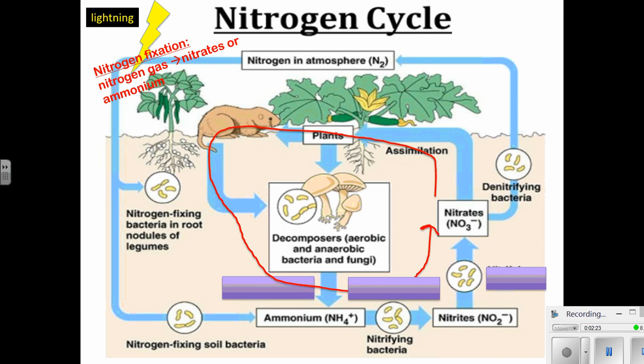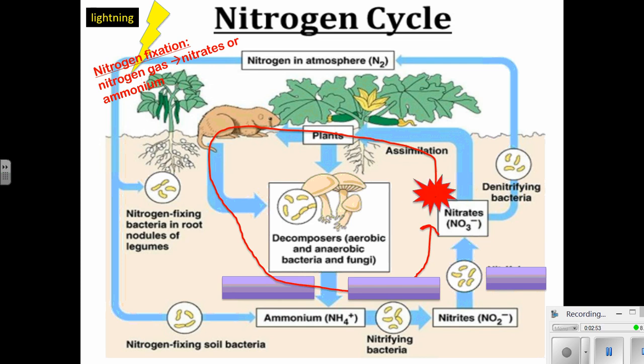And then animals are going to excrete nitrogen in the form of urea, and as plants and animals die, they decompose, and the nitrogen, the urea form or ammonia form of nitrogen goes into the soil. So then we have decomposers take over to eat the dead or dying or waste products of plants and animals. These are aerobic and anaerobic bacteria and fungi.